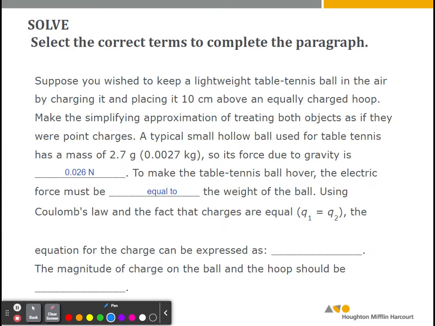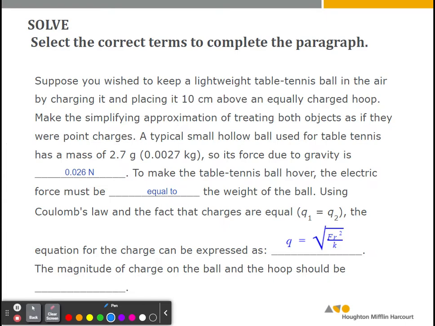So if we use Coulomb's law and the fact that the charges are equal, the charge of the ball equals the charge of the hoop, then the equation for charge can be expressed as Q equals the square root of FR squared over K. This comes from Coulomb's law, which says F equals K times Q1 Q2 over R squared.